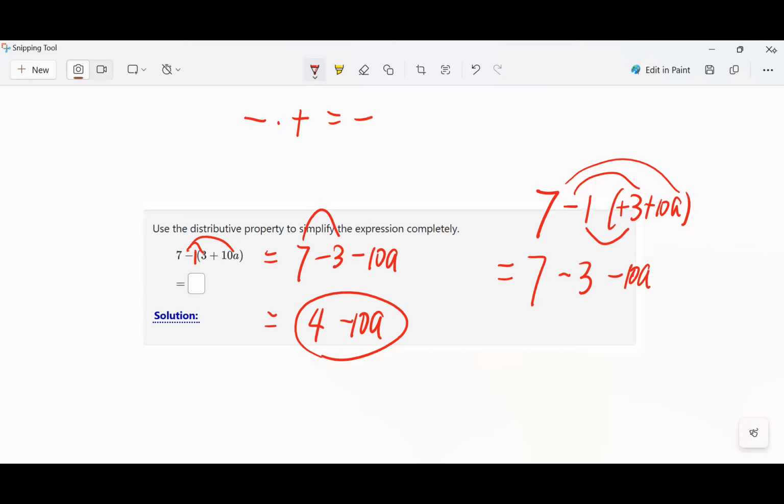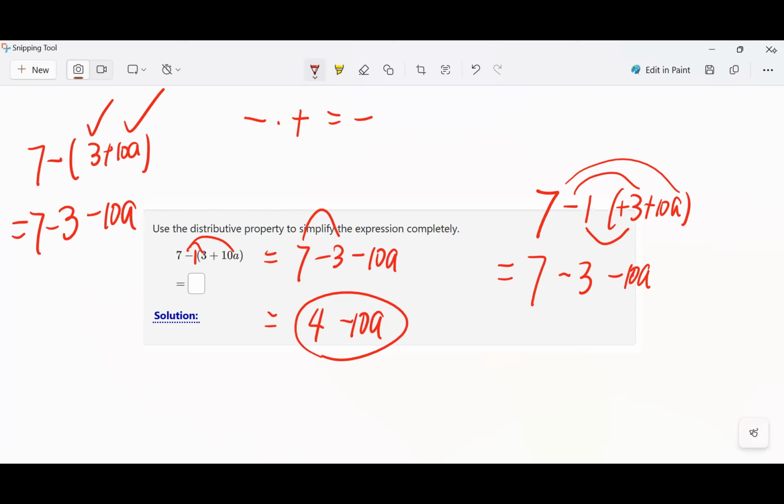Does that make sense? Is that invisible one always there, like if there's a negative there? Yes, it's always there. You can go by the same rule here. That will make it slightly easier to understand. Another way of looking at this is the negative sign in front: you turn everything inside to the opposite. So 3 becomes minus 3, plus 10a becomes minus 10a.